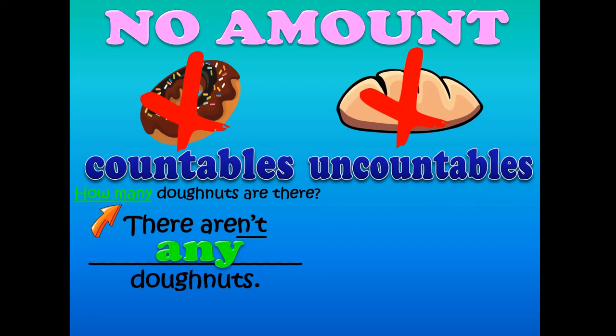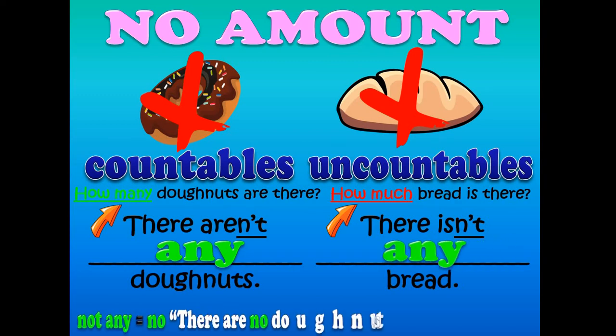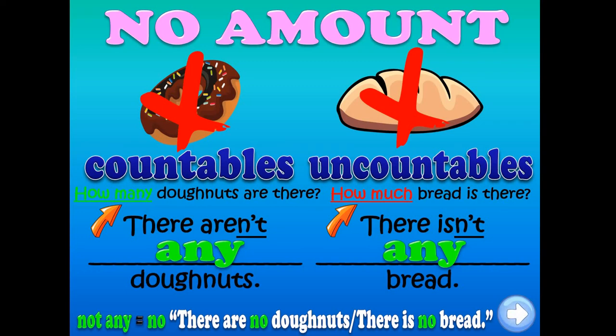In the second picture, the question can be how much bread is there? And the answer can be there isn't any bread. My lovely boys, in these sentences, not any means no. You can use no instead of not any.